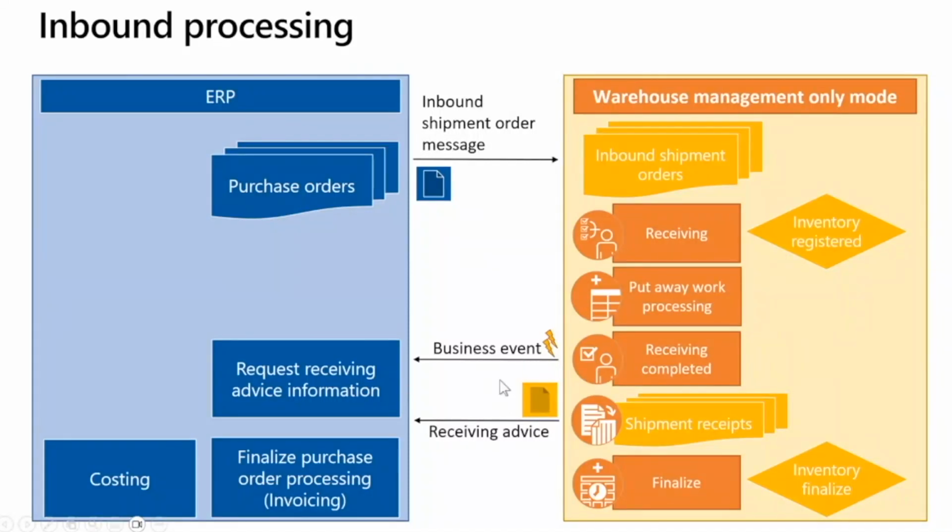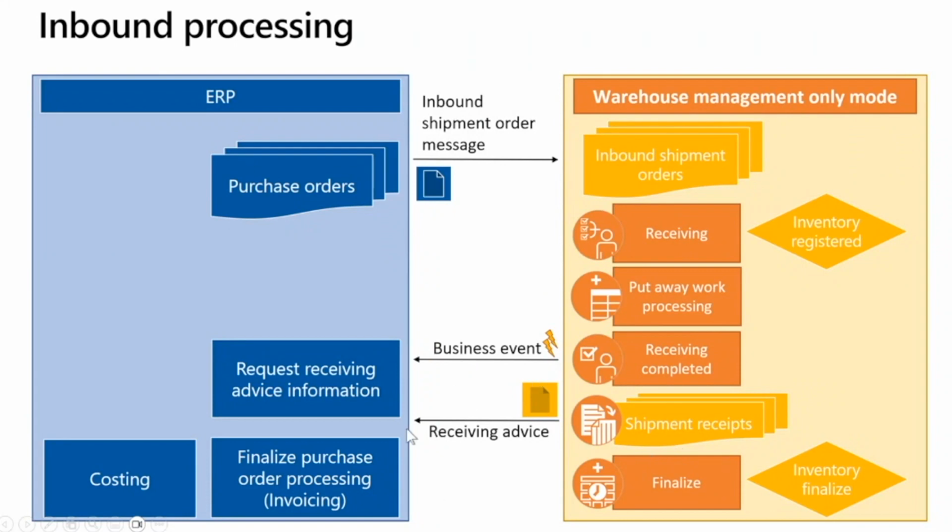Now this receiving advised information is ready, indicating what has actually been received. And we store this data about what has been received as part of a new shipment received journal concept, a version journal that will contain all the data about the order and loads here that has been received.